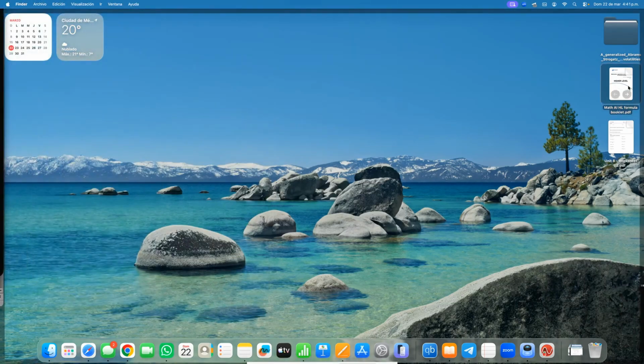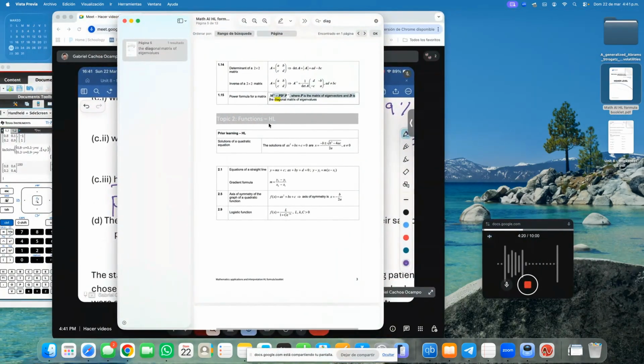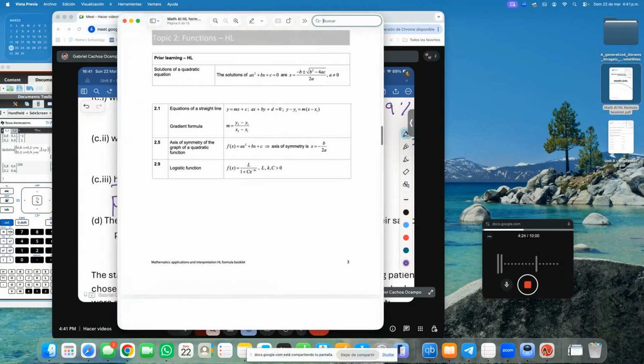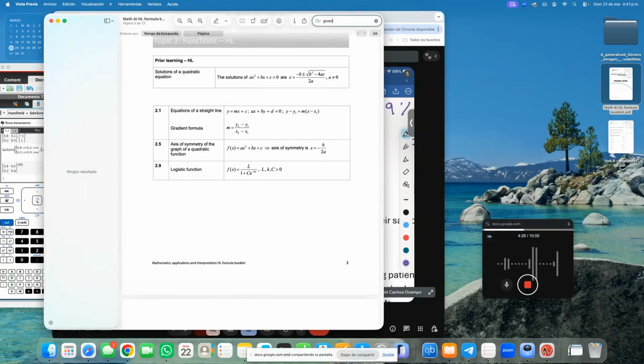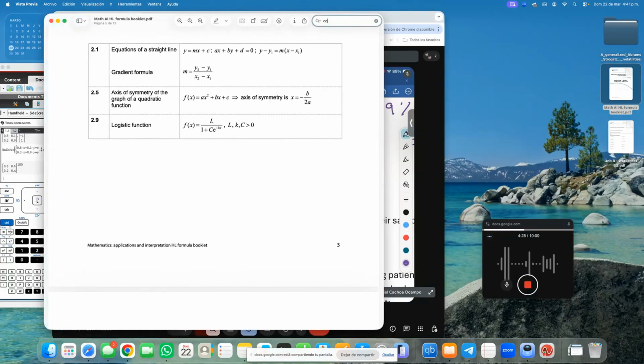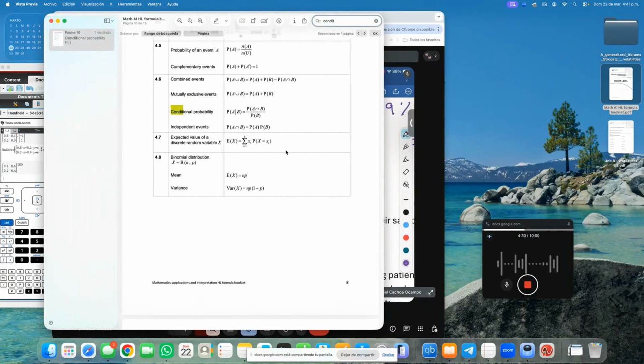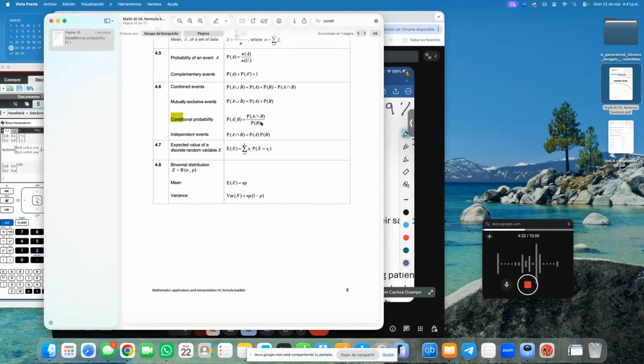Here, conditional. So the conditional probability is the probability of the intersection divided by the probability of B.